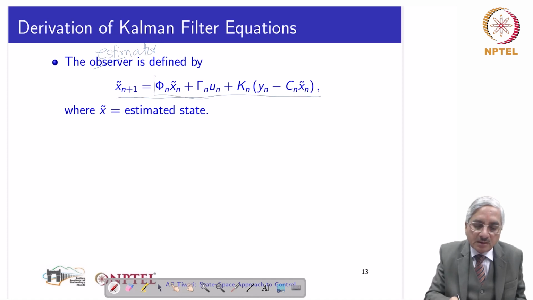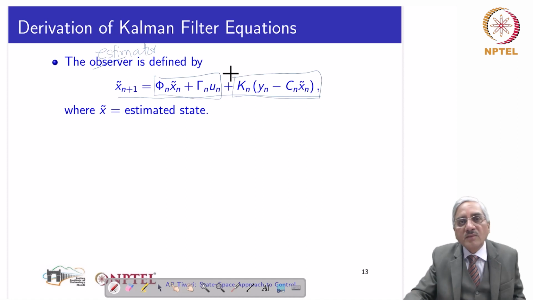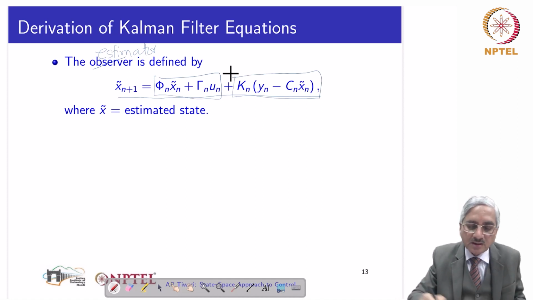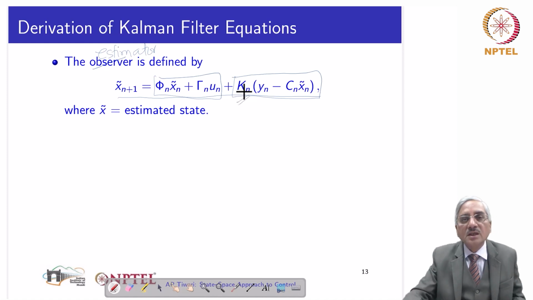This is the prediction and this is the correction. In form it is very similar to the Luenberger observer, only the criterion based on which this Kn will be determined will be different.